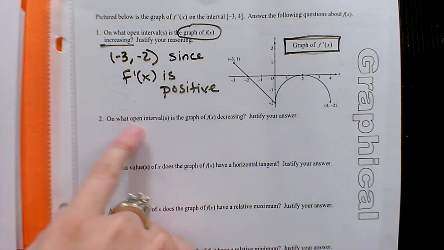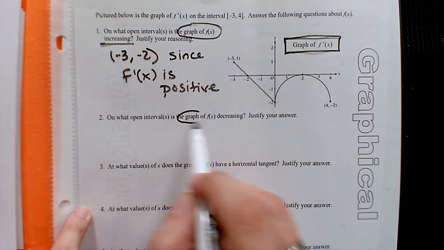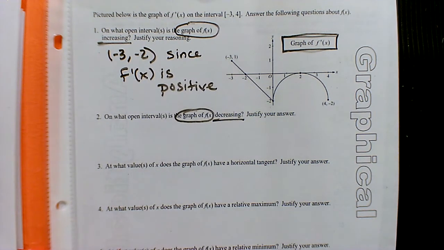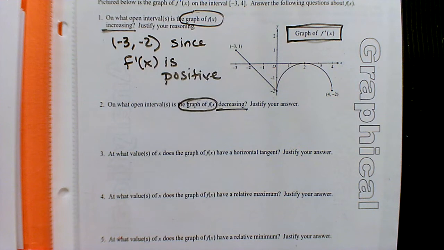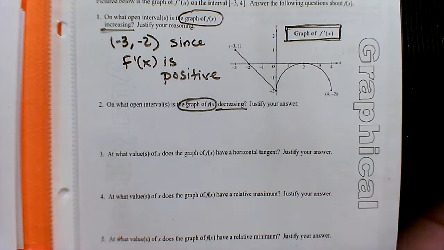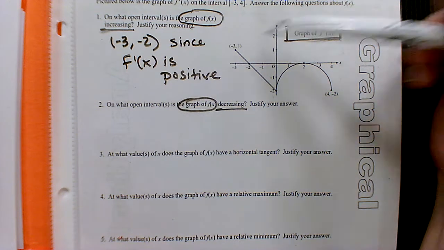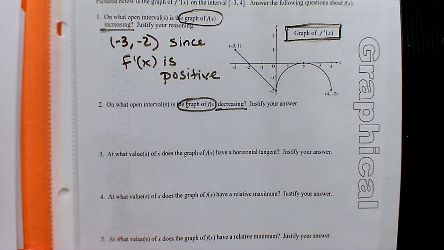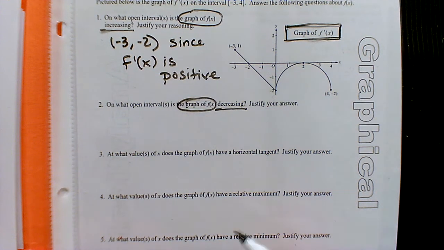Good. On which open intervals is the graph of the original function decreasing? So if you want your original function to decrease, what does your slope have to be? Yeah. Negative, below 0. So if this is the graph of slope, where is this graph negative, aka below 0?